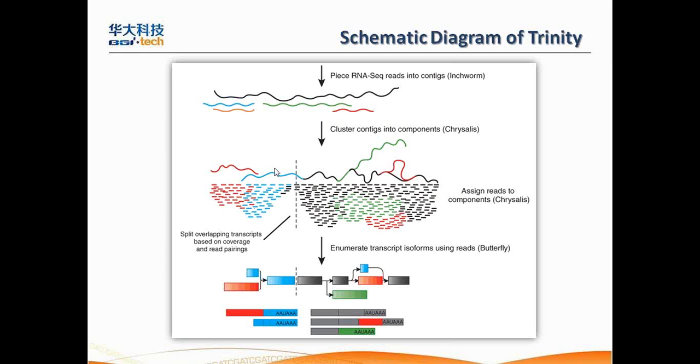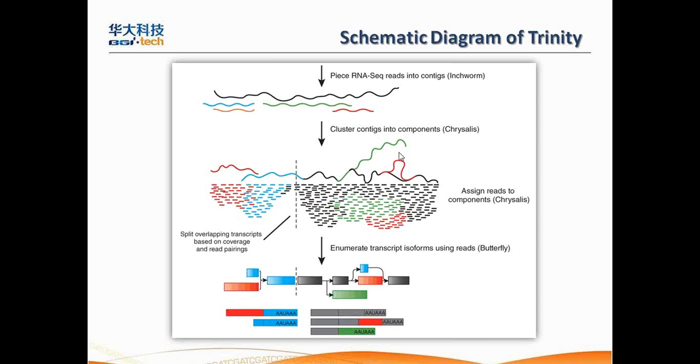And then the second one uses the contigs generated by Inchworm, cuts them into smaller k-mers, and uses the similarity between different k-mers to generate this de Bruijn diagram.